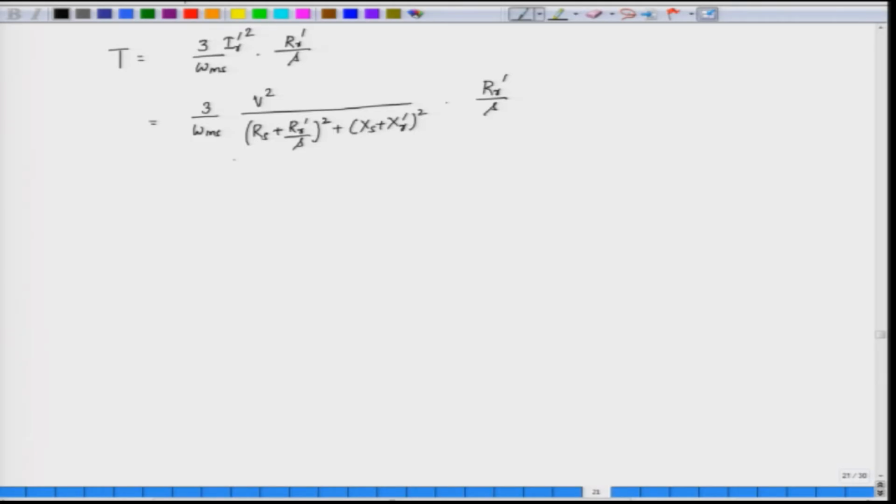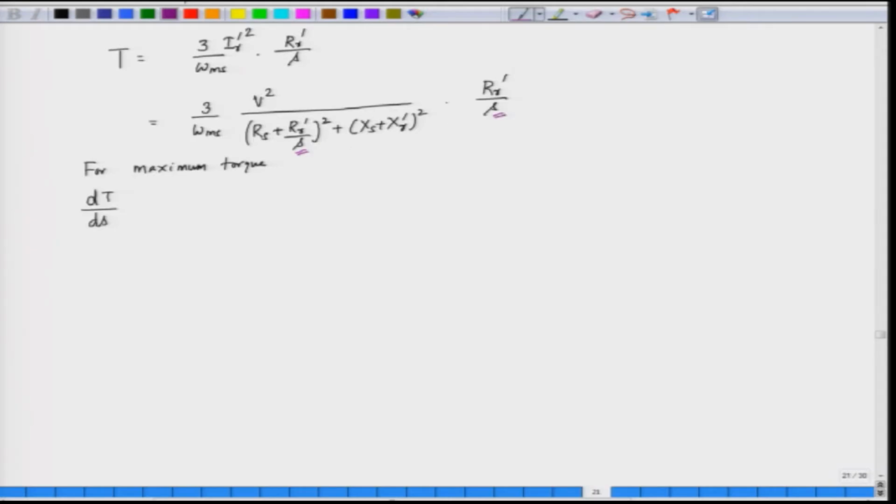Now, we need to find out the characteristics, we need to plot this. So, what we do here is find out whether there is a maximum torque available. For maximum torque, on the right hand side we have one variable, that is slip. This is the only variable we have.